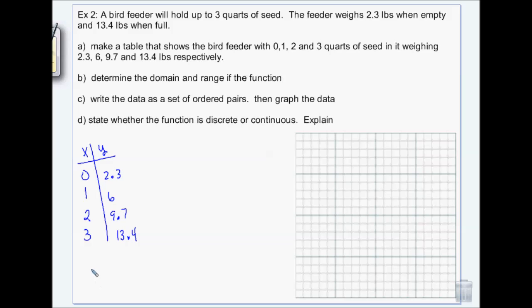For B, that list is the domain, that list is the range. Ordered pairs.